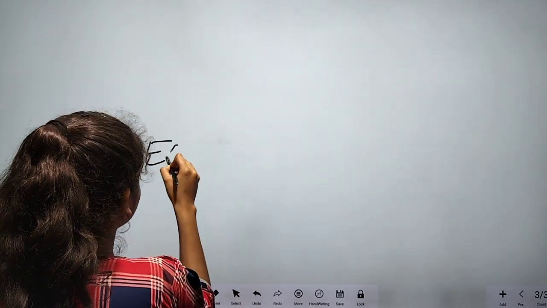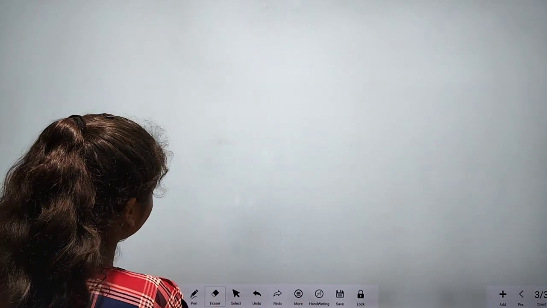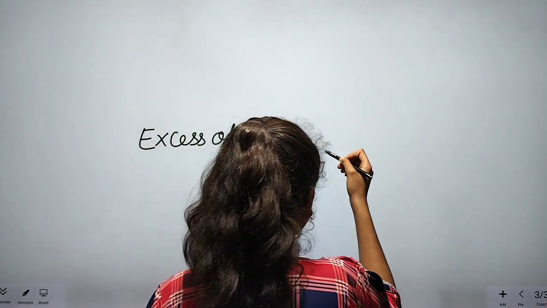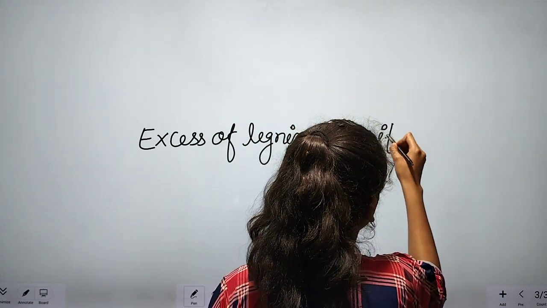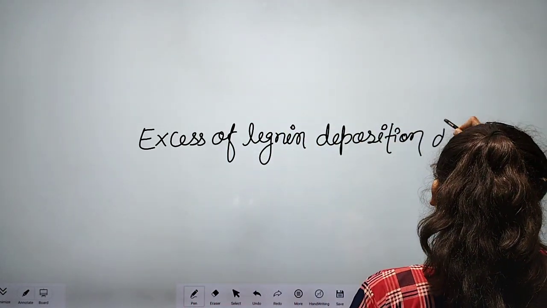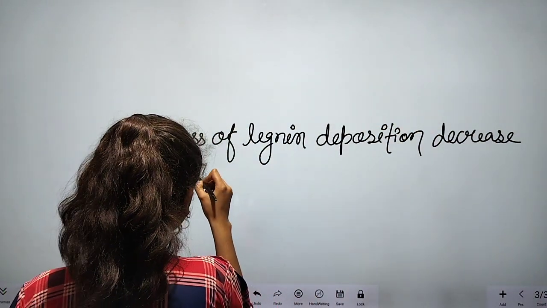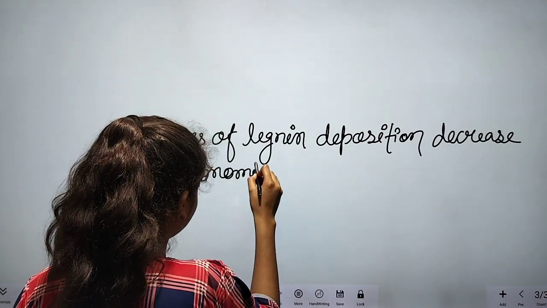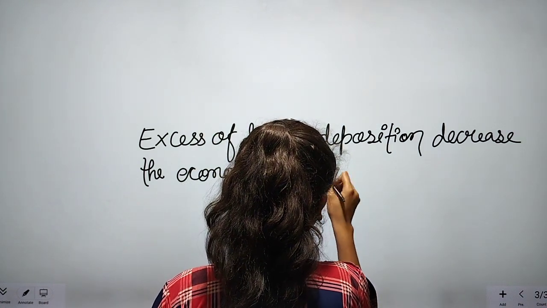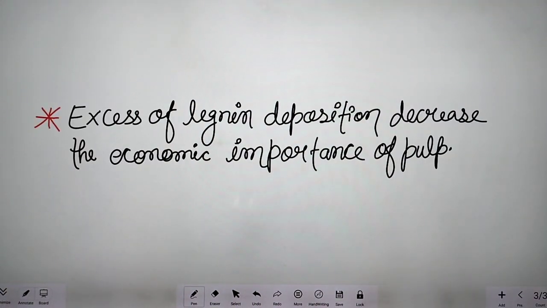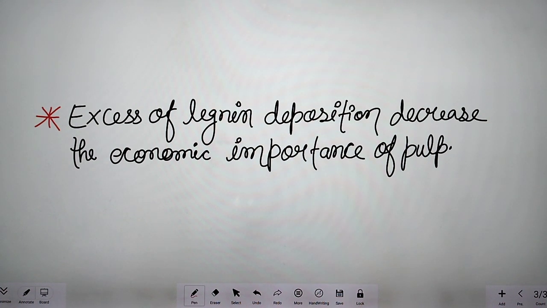Okay, and the next point is that the excess of lignin deposition decreases the economic importance of pulp.